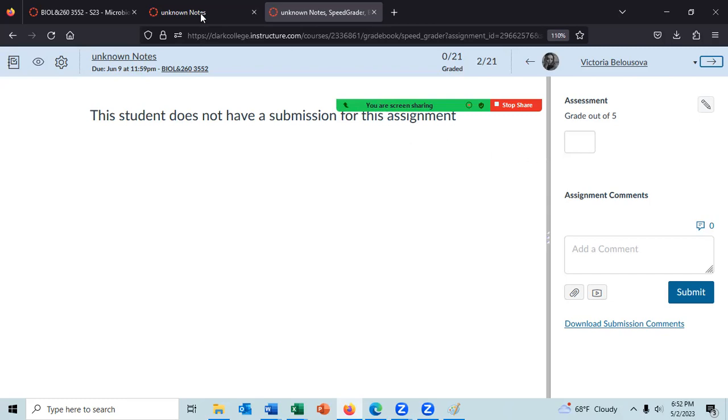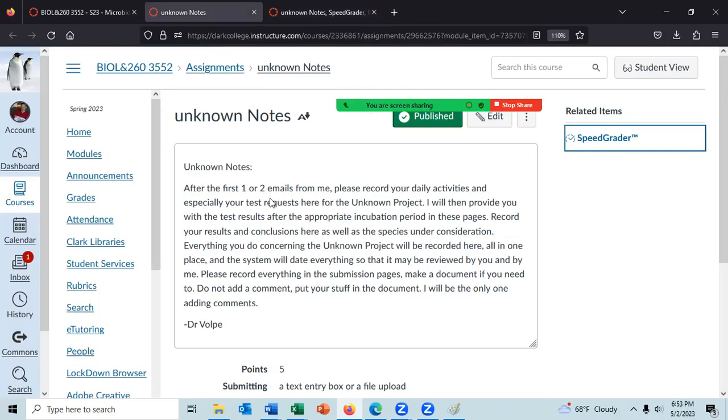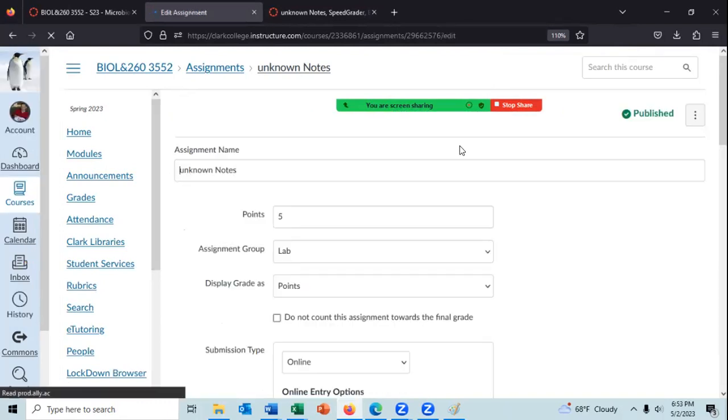And it states here what you should have in the unknown notes page, your daily activities. You should have your results and your conclusions for a test. You should put in your test requests. You should also record things like, and I don't have that in there, but I put that in there, the species under consideration.